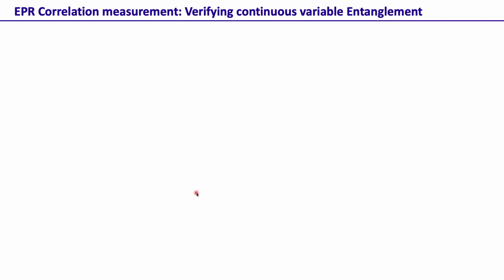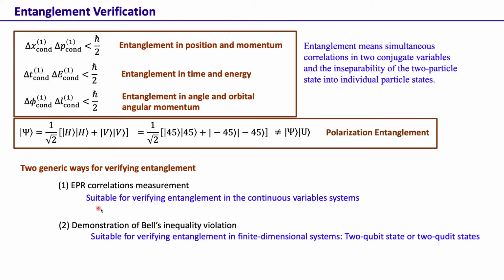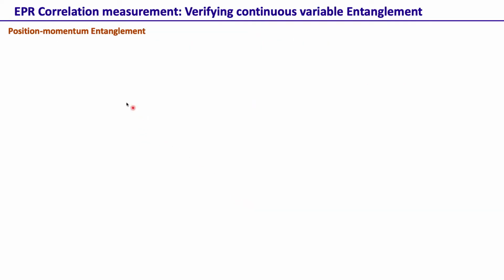Okay, so there have been several pioneering experiments to show entanglement, and here first I will list the experiments that have been done to verify entanglement in the continuous variable system. We'll start with position momentum entanglement.